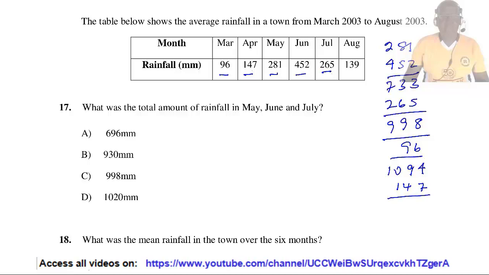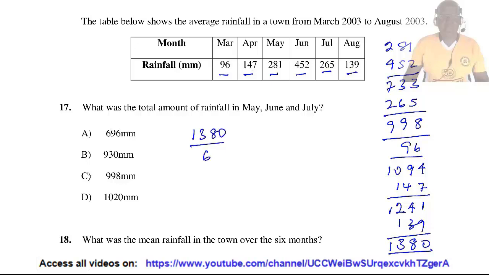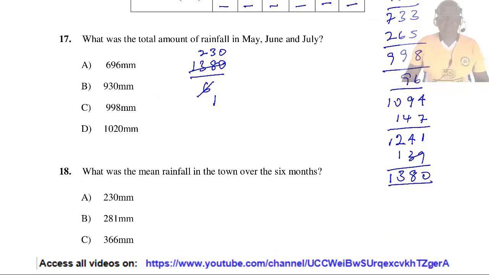Now this is the total for 6 months. That is 1380 divided by 6 months. 6 goes into 13 twice, 2, 3, and then 0. So the answer is A.